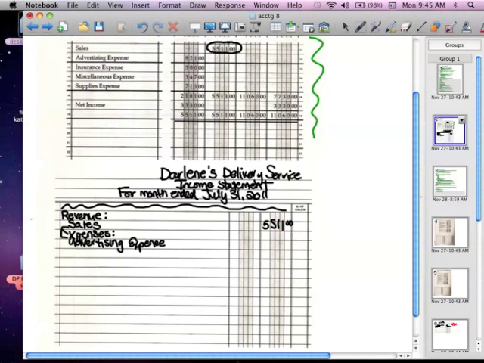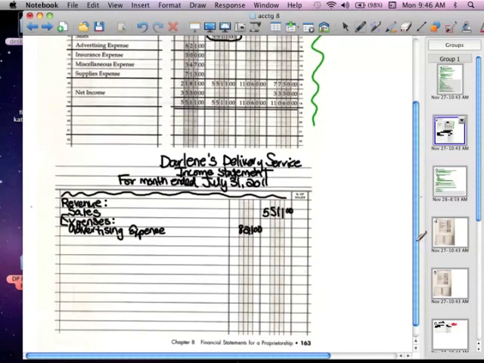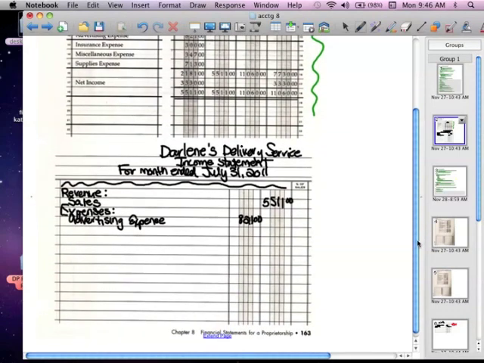And the 821 is going to go right here, and we're going to have to add. So make sure that you put just the numbers for these expenses in the first column. Next is insurance expense. If you look up here, this is the next one.